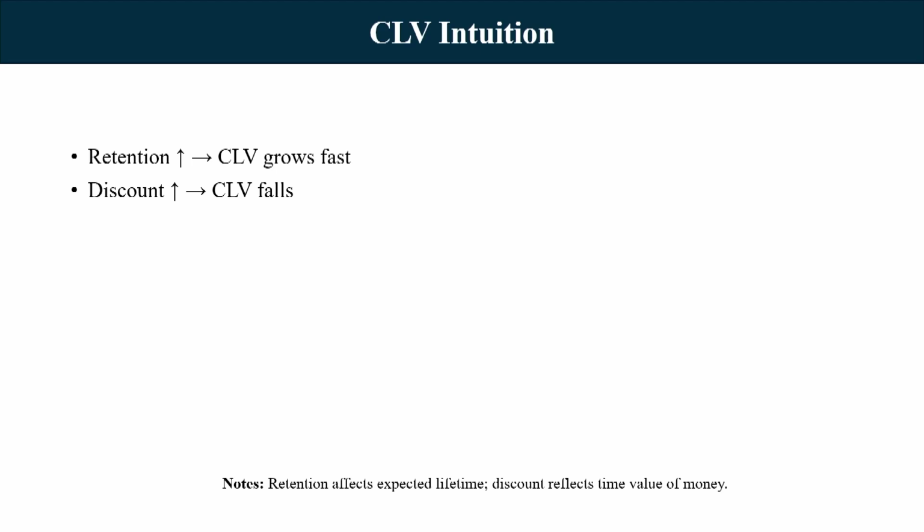On the other hand, the discount rate, the inflation rate, is a part of the denominator preceded by a positive sign. That is why if the discount rate increases, the CLV value will fall. Retention affects the expected lifetime, and discount reflects the time value of money.